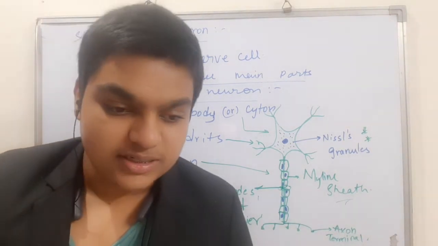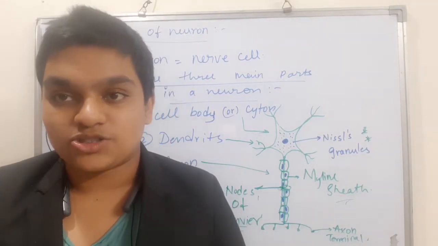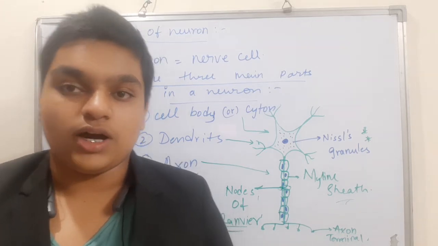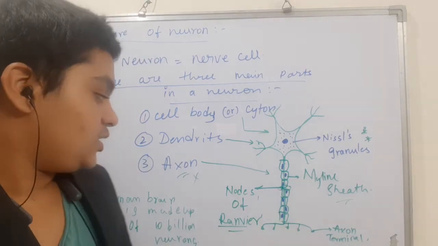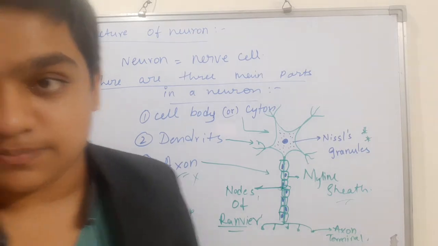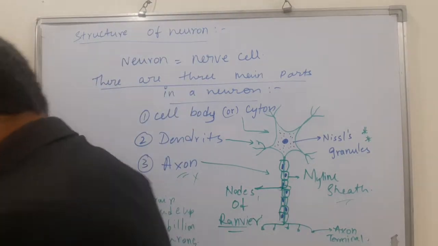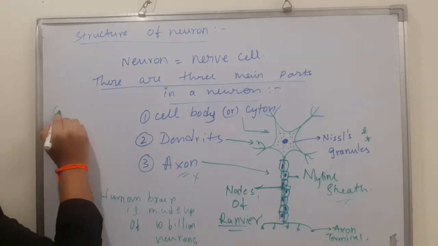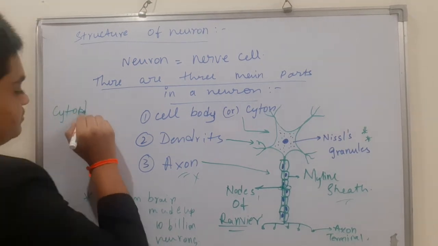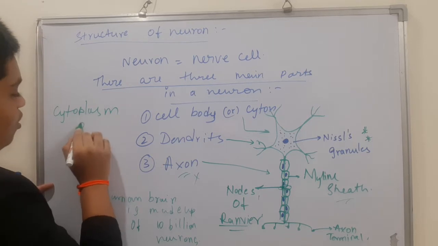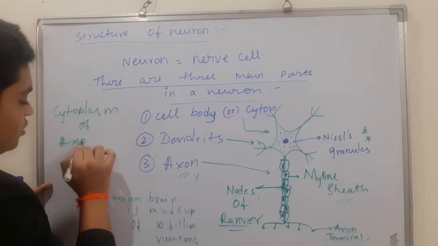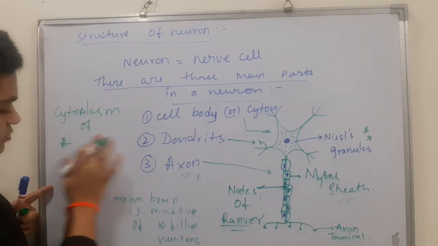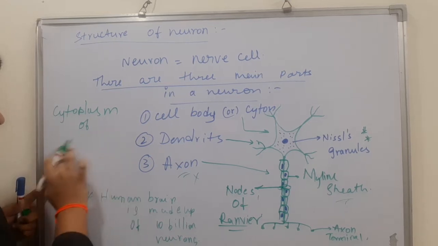And cytoplasm is also present in the axon, and it has a special name. It is called axoplasm. I will be writing it here. Cytoplasm of axon. I do not care about my handwriting on board.